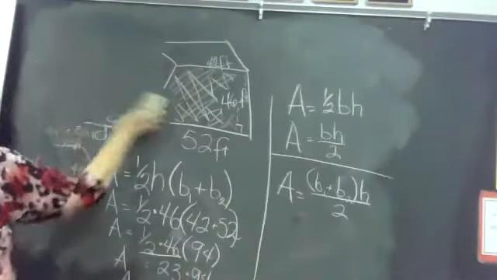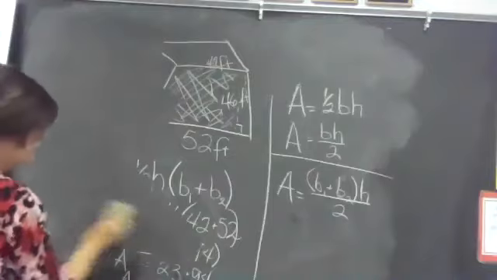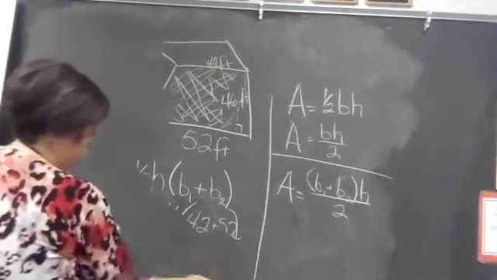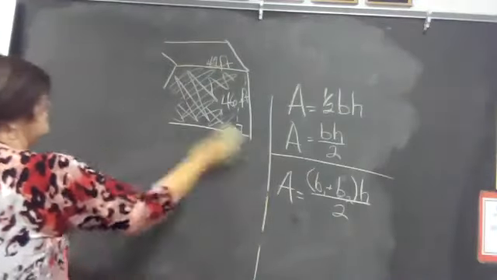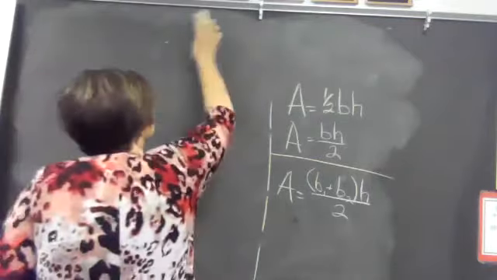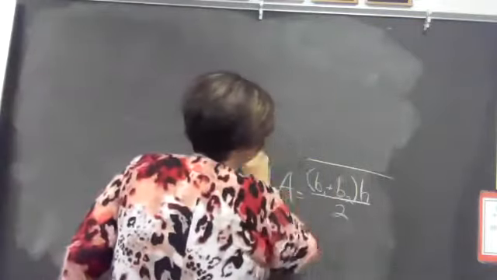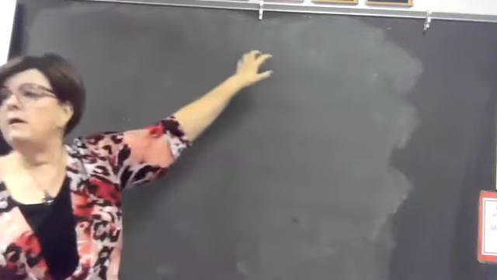Okay, so if you'll remember when I was talking to you about the difference between prisms and pyramids, we had prisms over here and they had two bases, right? Prisms have two bases. And then we had pyramids over here.